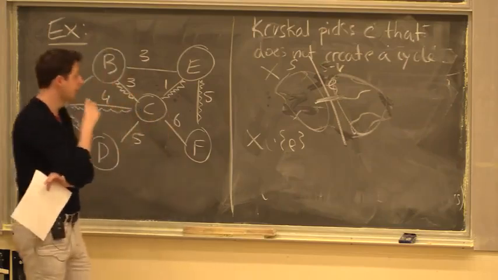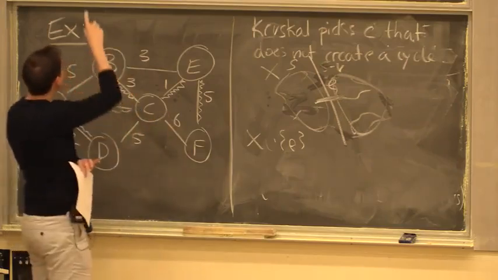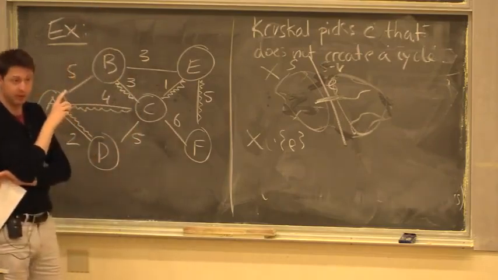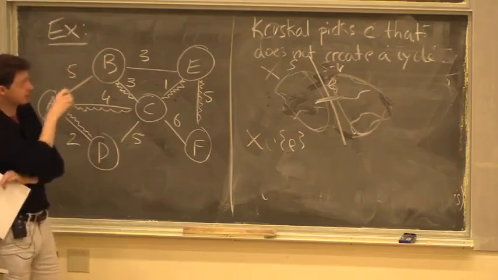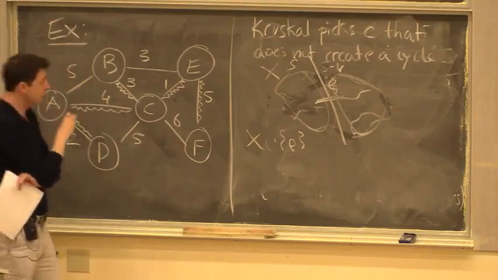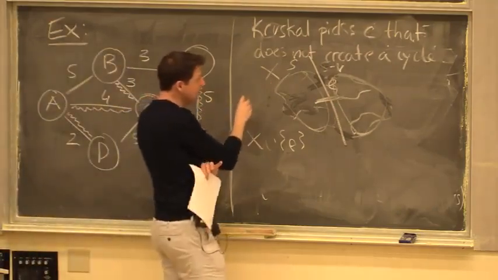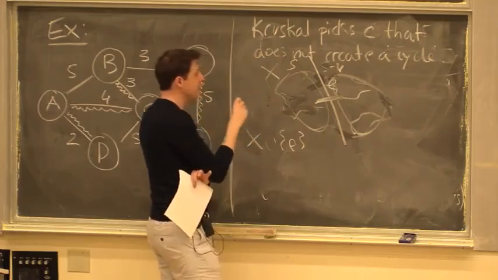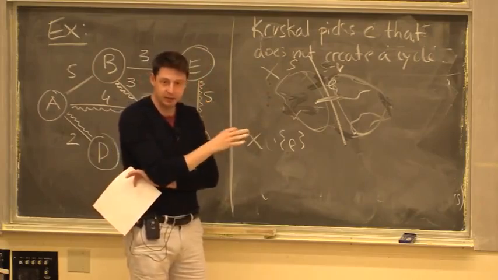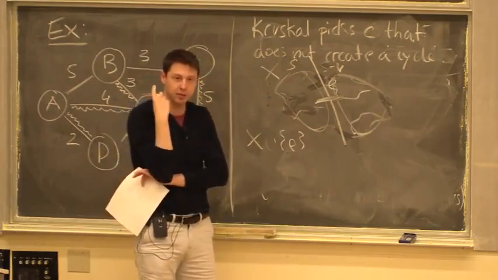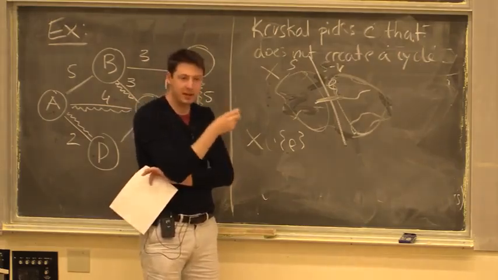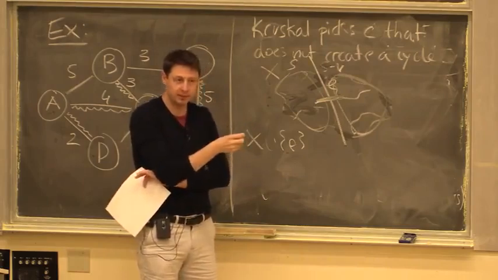Let me try to say it again. We're picking edges in order. It's important, because picking them in order lets us link back to the claim. How is it important? Because we are somewhere in X, and we're inductively assuming that it's part of some MST. Sure, that's fine. Now we need to get a handle on some cut where the choice of the algorithm coincides with picking the cheapest edge in that cut.